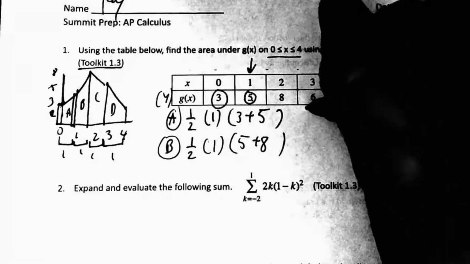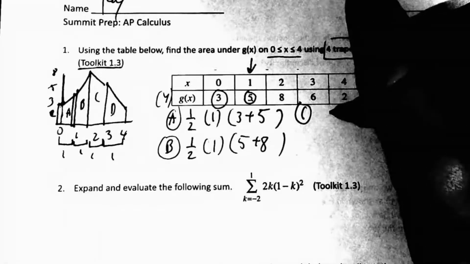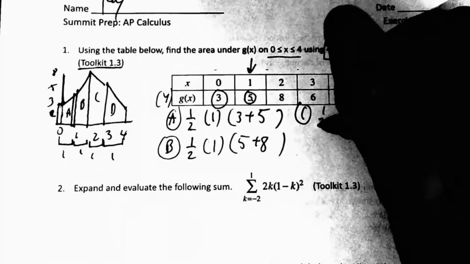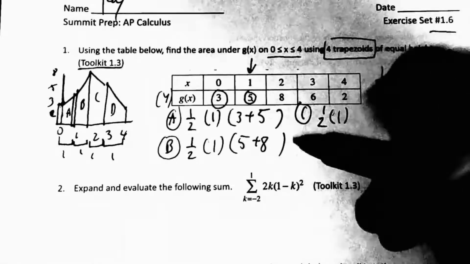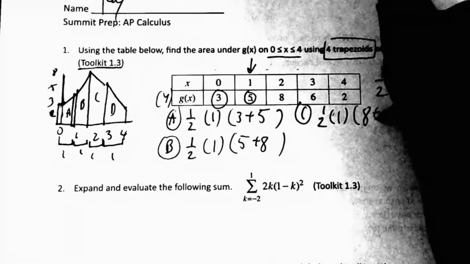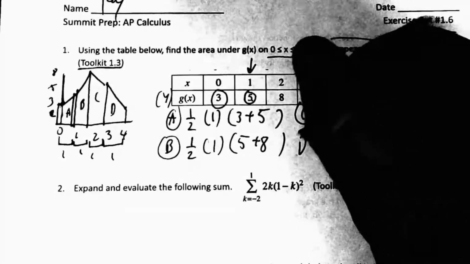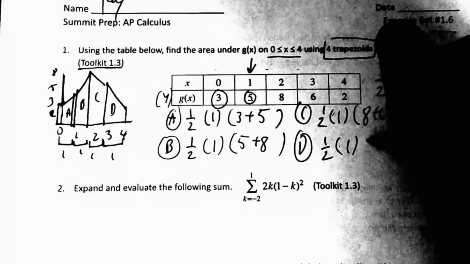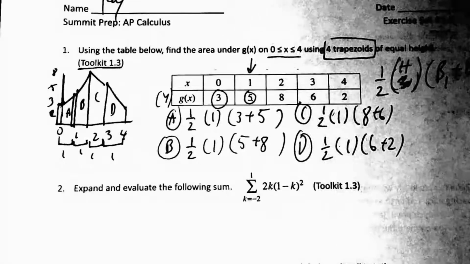Trapezoid C is 1/2 times 1. Again, you pick up where you left off. 8 plus 6. And then trapezoid D is 1/2 times 1 times 6 plus 2. That's it.